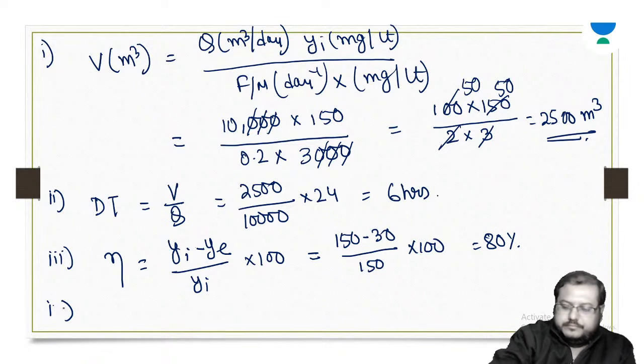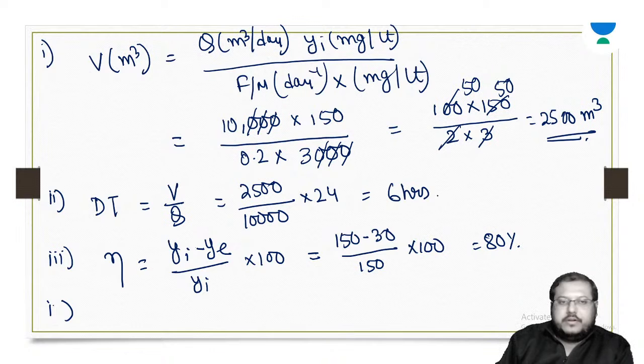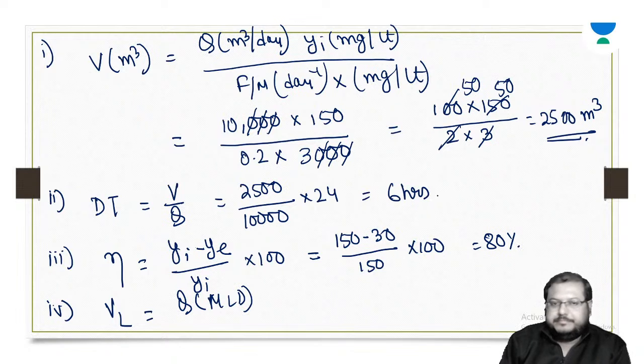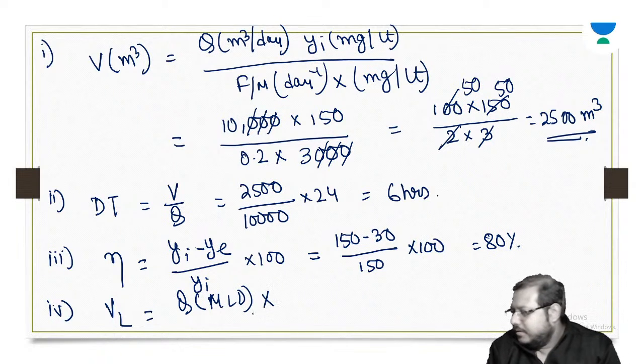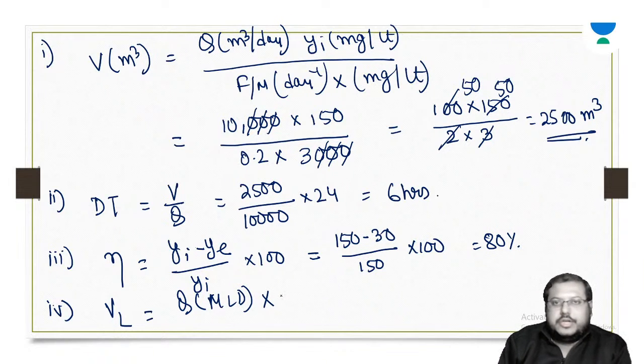Question number 4. They're asking for volumetric loading rate. VL, for VL, what should be the unit? Q should be in MLD. Hope you remember. And Q into YI should be in milligram per liter by volume in meter cube.